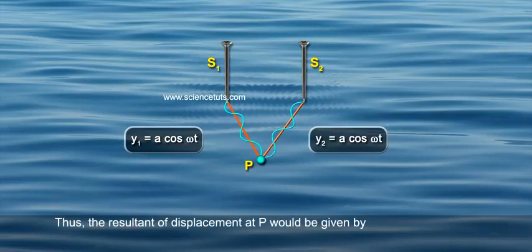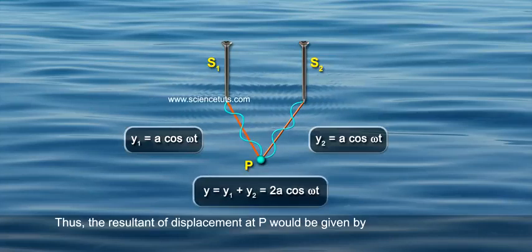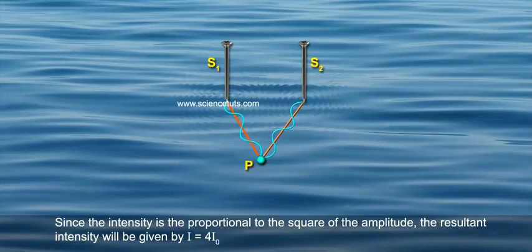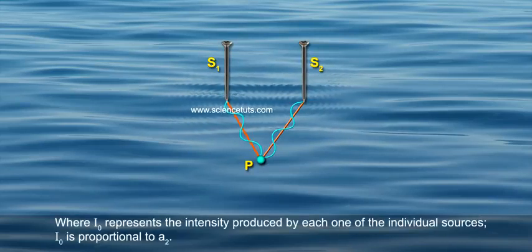Thus, the resultant displacement at P would be given by y equals y1 plus y2 equals 2a cos omega t. Since the intensity is proportional to the square of the amplitude, the resultant intensity will be given by I equals 4 I0, where I0 represents the intensity produced by each one of the individual sources.